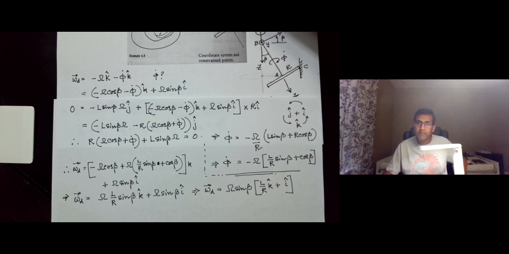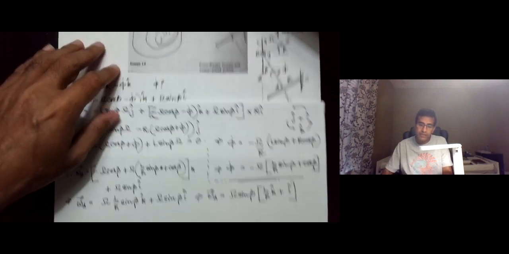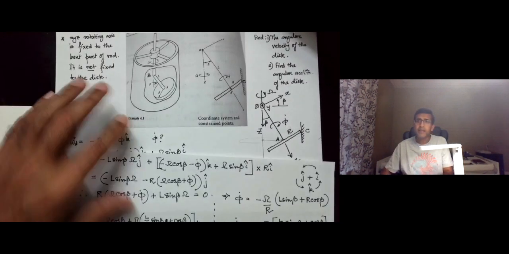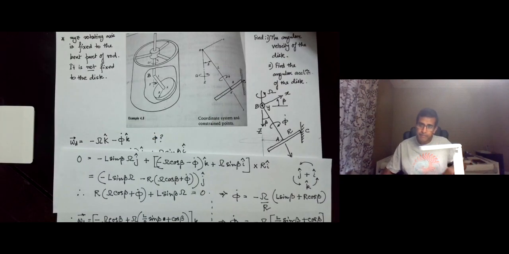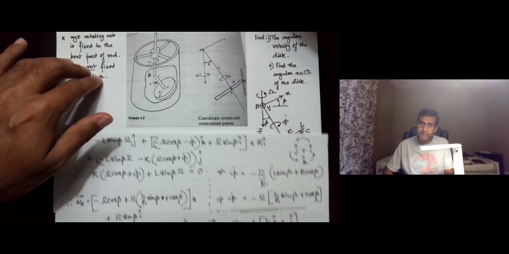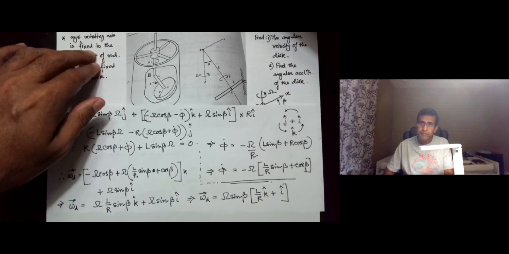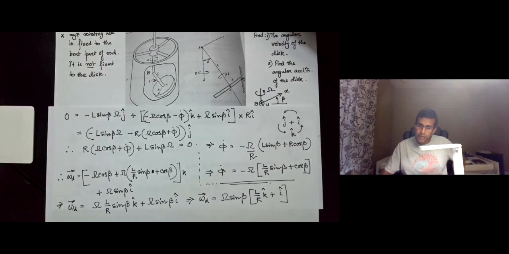Now the second part of the problem asks for the angular acceleration of the disk. So going back, we are looking to find the angular acceleration of this disk, and if you take a look at this expression for the angular velocity, it seems like it is constant because all the entries over here are constant.